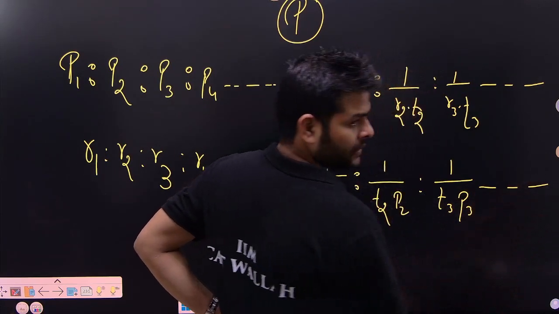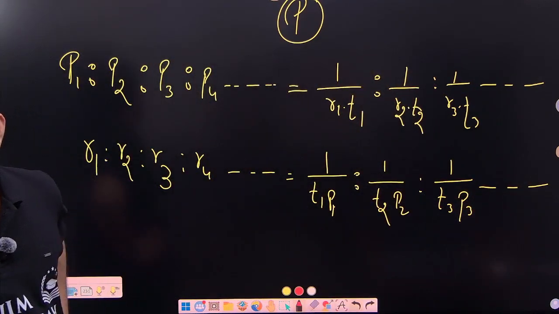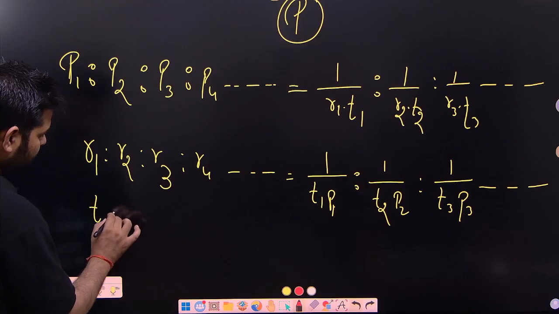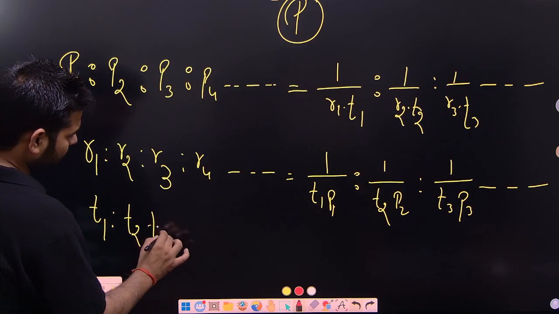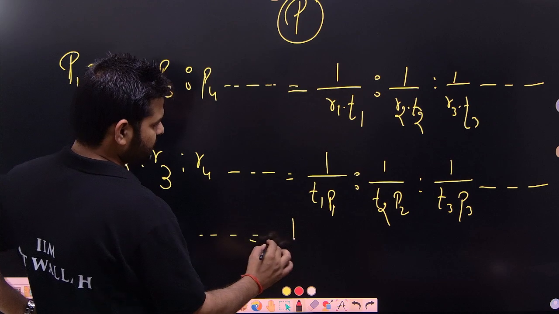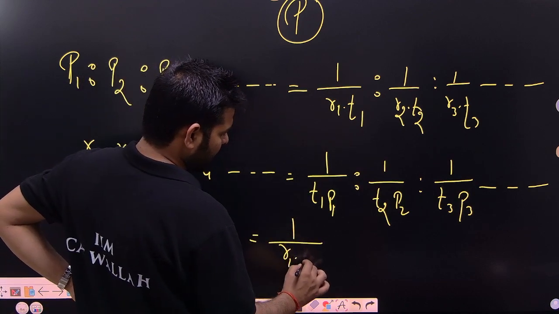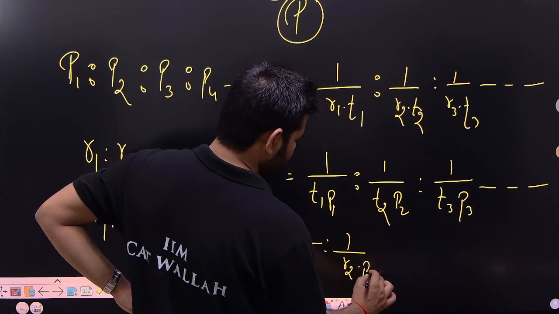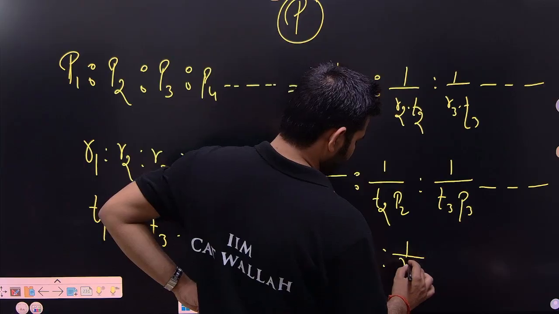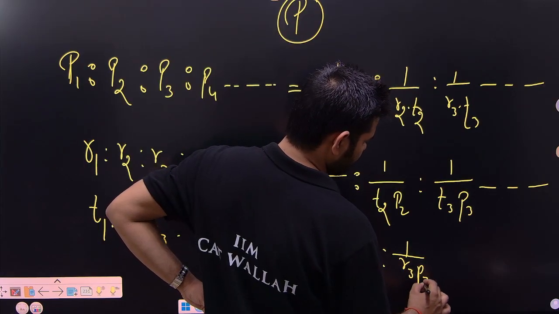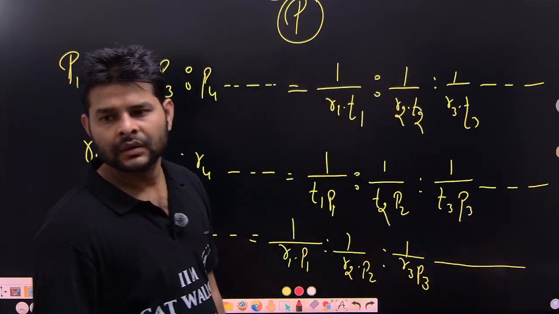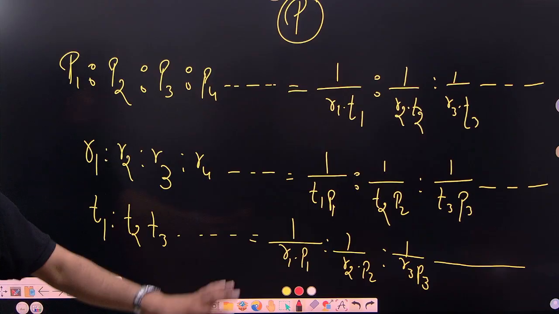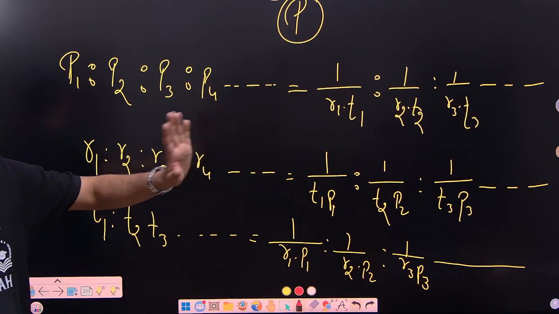That means we can find out the ratio of rates. We can also find out the ratio of times, T1, T2, T3 and so on, that would be 1 upon R1 P1, 1 upon R2 P2, 1 upon R3 P3. Got it? Now go to the first question and plug in that formula. You will get the answer easily.